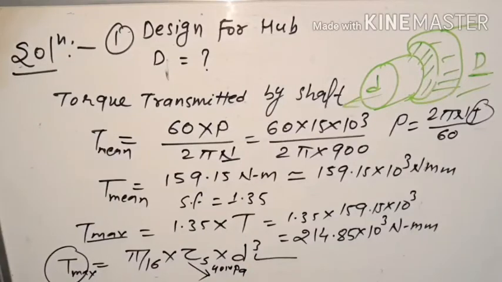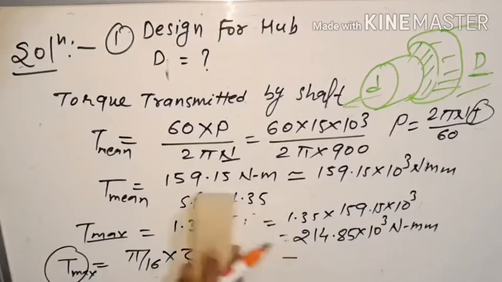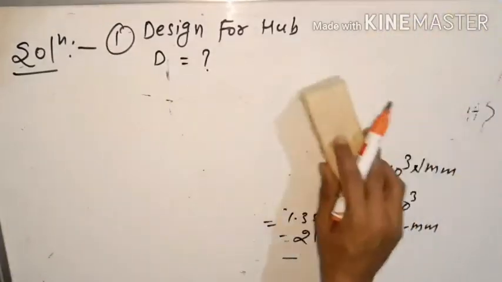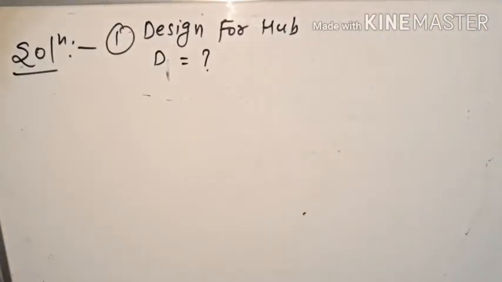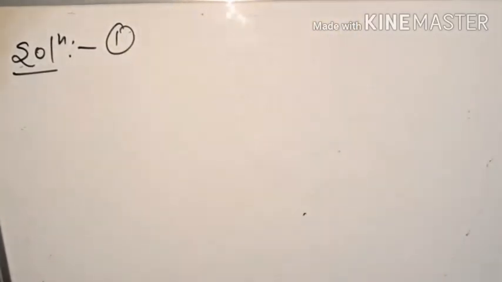Let's see what value we find for the small d, that is the diameter of the shaft.